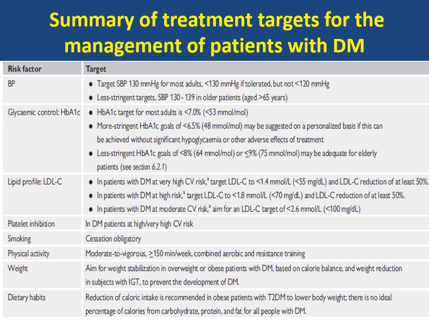So the summary of treatment targets for management of patients with diabetes: systolic blood pressure 130 mm mercury for most adults, less than 130 mm mercury if tolerated, but not less than 120 mm mercury. In older patients above 65, the target systolic blood pressure ranges between 130 to 139.